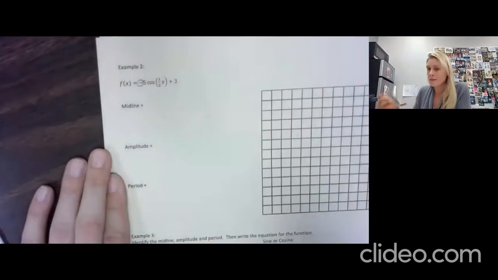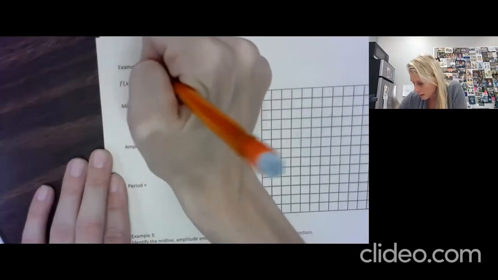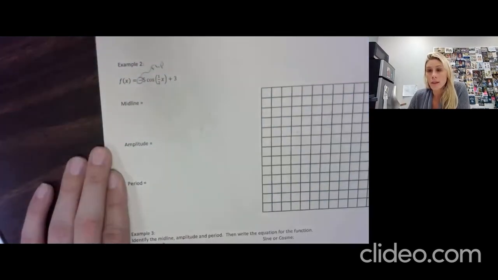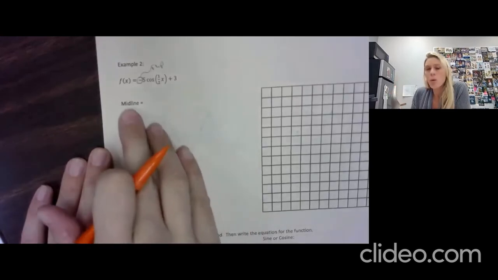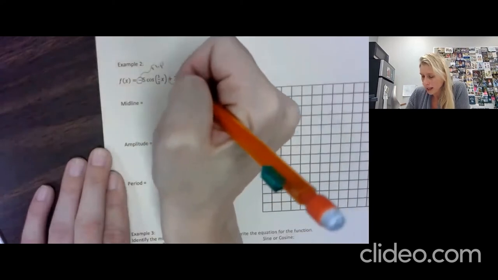All right, let's see what we got here. First of all, I want you to notice that this is negative. So that means we're going to flip. Okay, so I'm just making a note of that because I want to think of flipping. Okay, midline, where does that come from again? That comes from our cave right there.